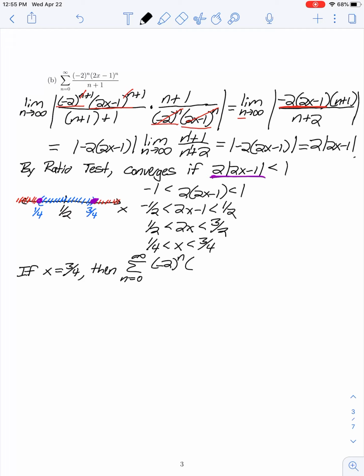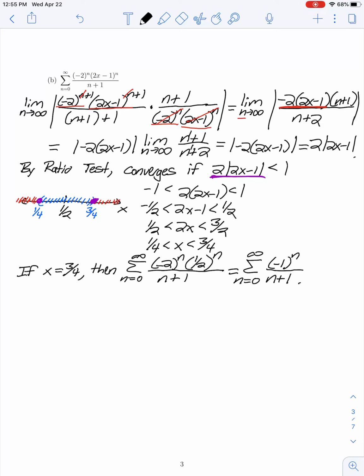Now if x is equal to 3/4, then 2x minus 1 would be 3 halves minus 1, or 1 half, to the nth power over n plus 1. So simplifying, we have the sum from n equals 0 to infinity. Our numerator becomes negative 1 to the nth, and the denominator is then n plus 1.